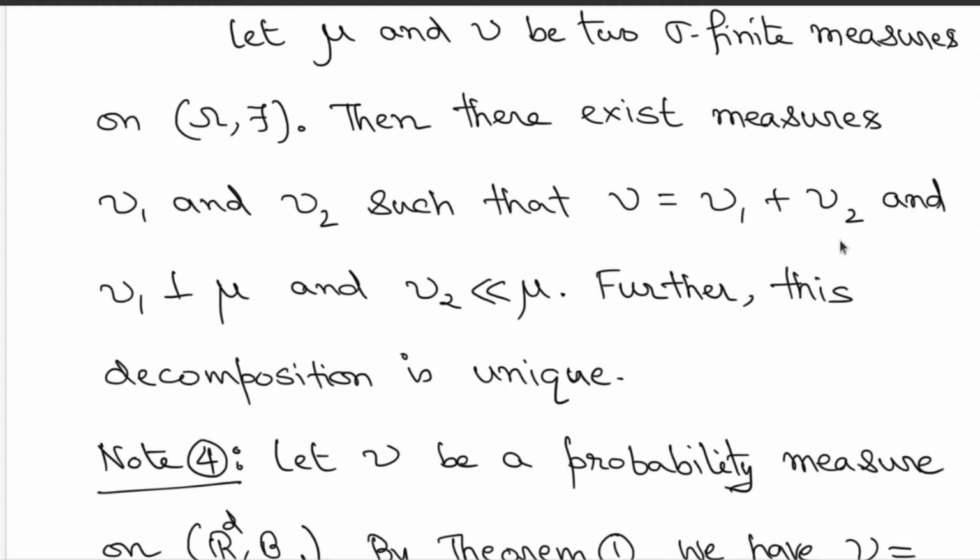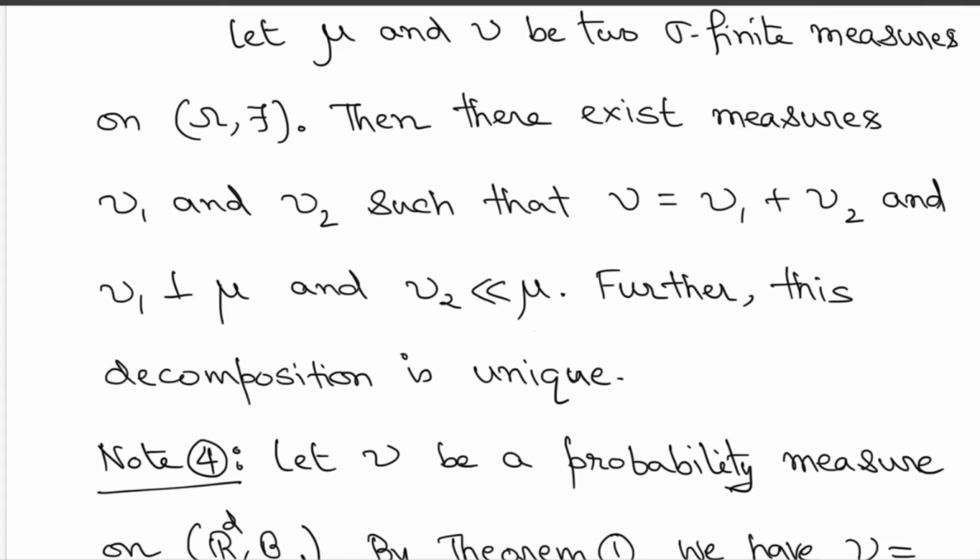So you can split it up like this, and the measure nu1 is mutually singular with respect to mu and measure nu2 is absolutely continuous with respect to mu. Okay, so there are these two parts. One part is absolutely continuous, another part is mutually singular with respect to the first measure mu.